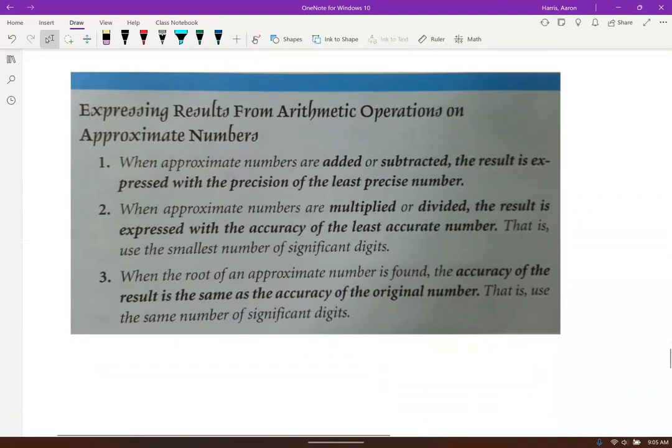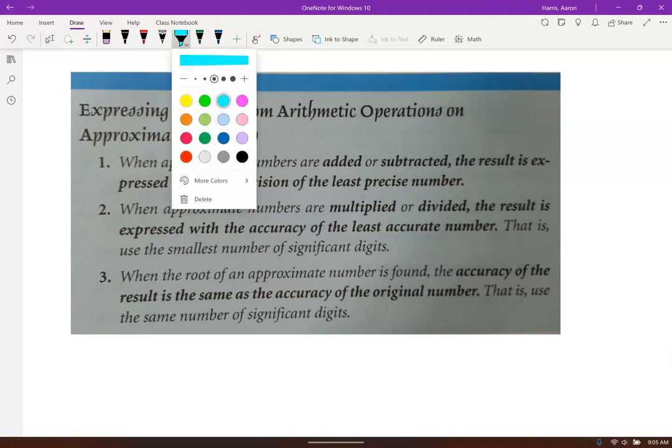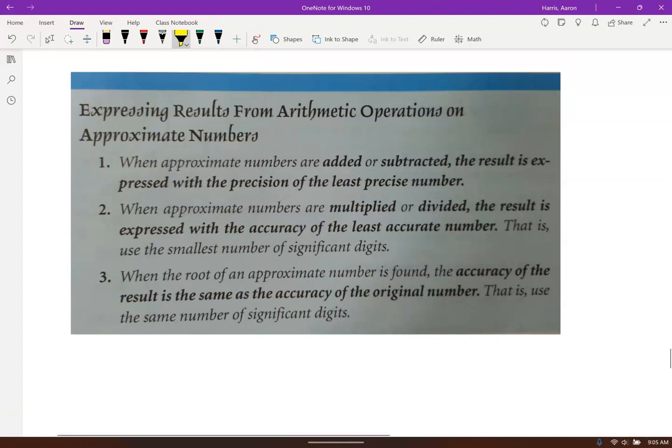All right. We're going to do number 1 first here. When approximate numbers are added or subtracted, okay, so added or subtracted, when it's addition, subtraction, the result is expressed with the precision of the least precise number.